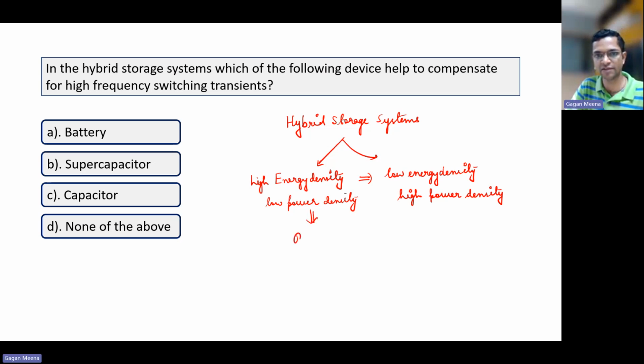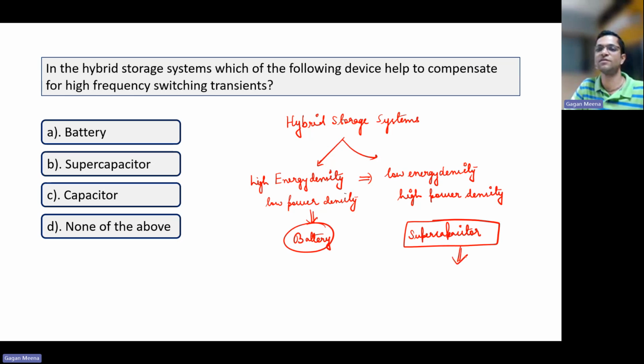So battery energy storage is a high energy density device as compared to the supercapacitor, which is a high power density device with respect to the battery. It can provide quick charging and discharging.